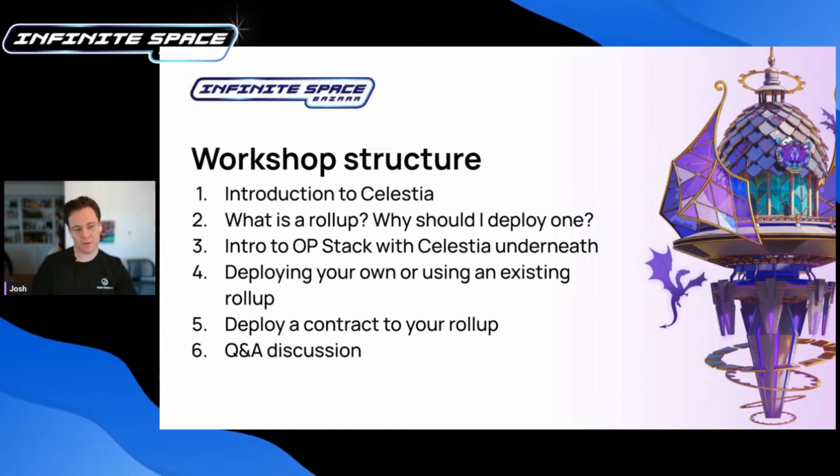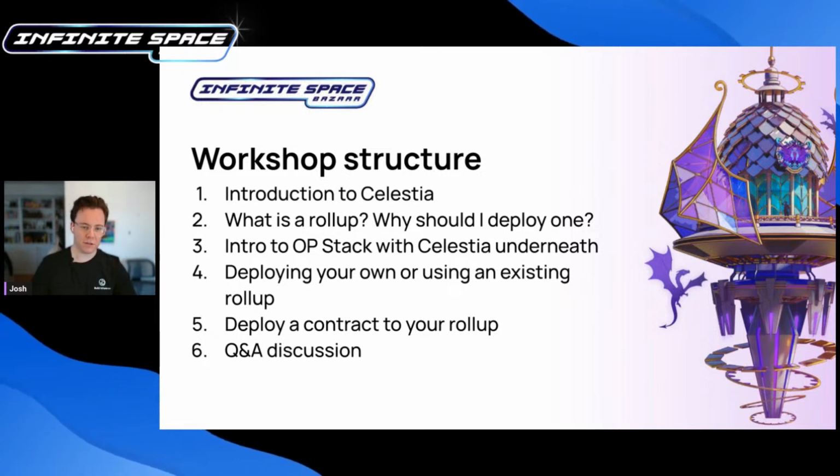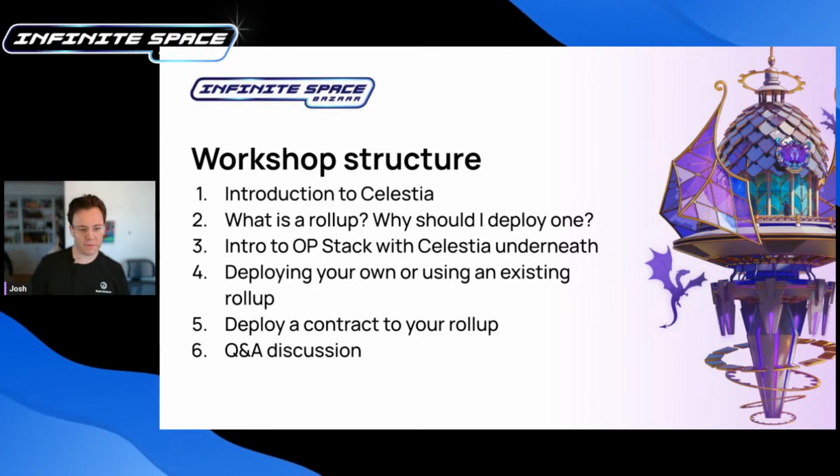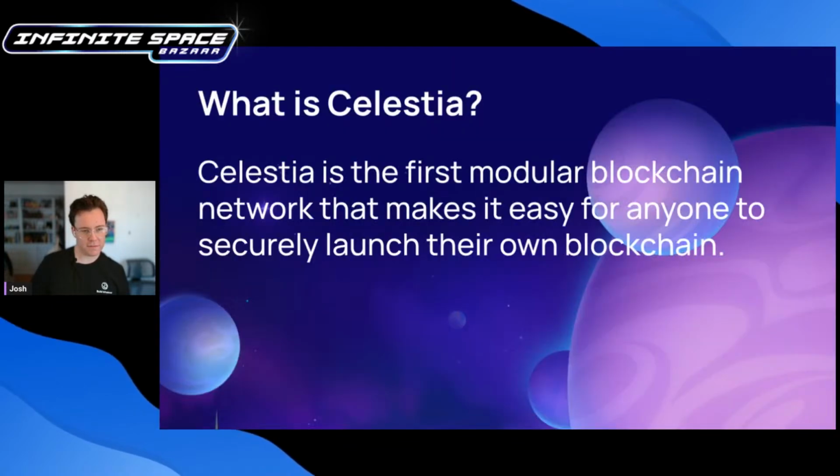The next thing we'll do is an introduction to OP Stack with Celestia underneath, and we'll go through deploying our own or using an existing rollup, because there are some testnets that you can use without having to actually deploy your own rollup, just to get a feel for things and see if that's really what you want to do. And the last thing we'll do is deploy a contract to the rollup. Lastly, we'll have a Q&A discussion. So go ahead and get started.